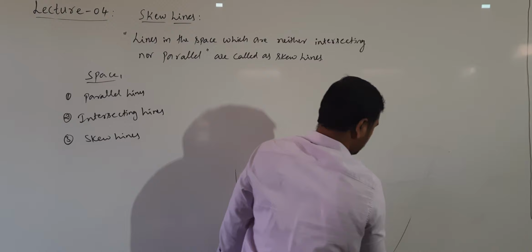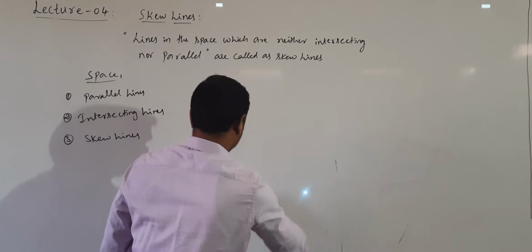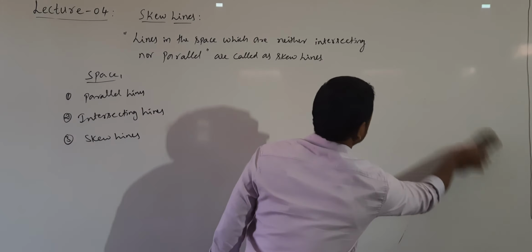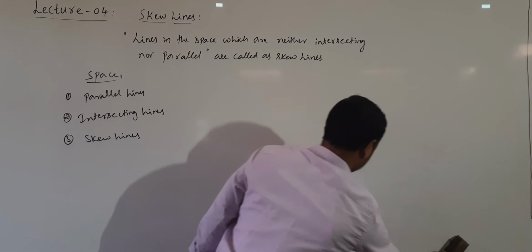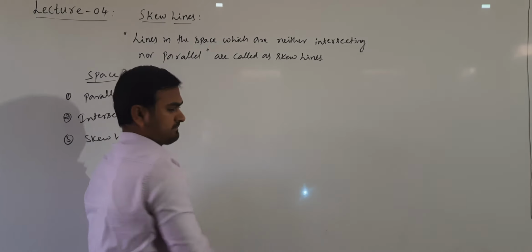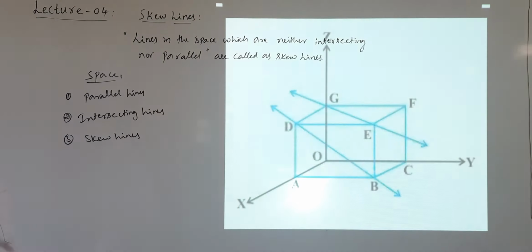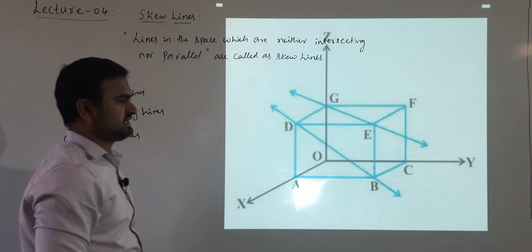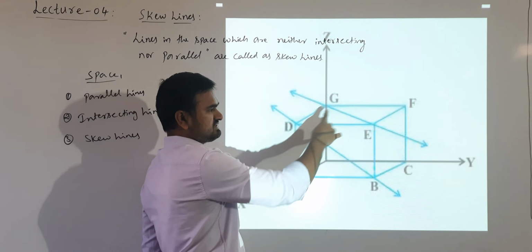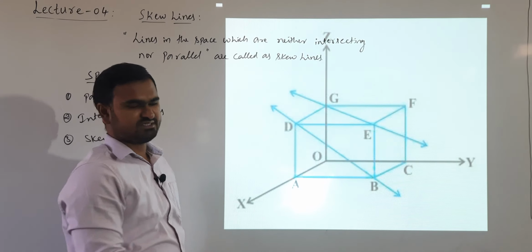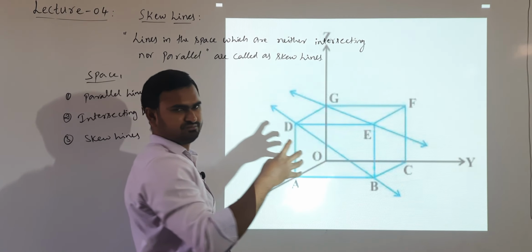So let us see these skew lines diagrammatically. See these lines. We are considering the space in the form of a cube.